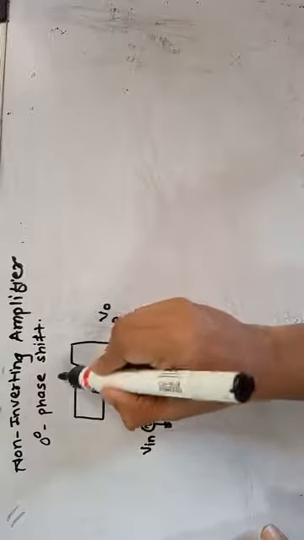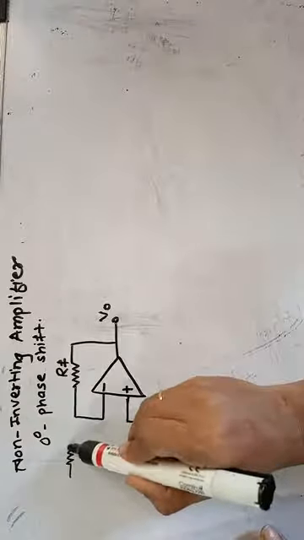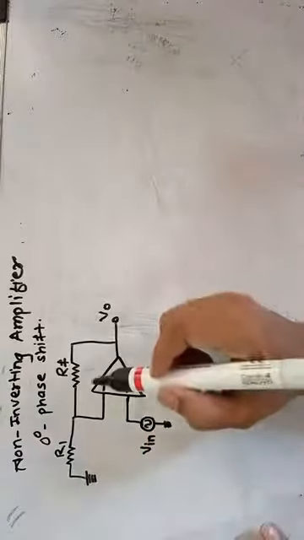From V0 there is the feedback resistor, named RF, and one resistor is present, R1. Its second terminal is connected to the ground.